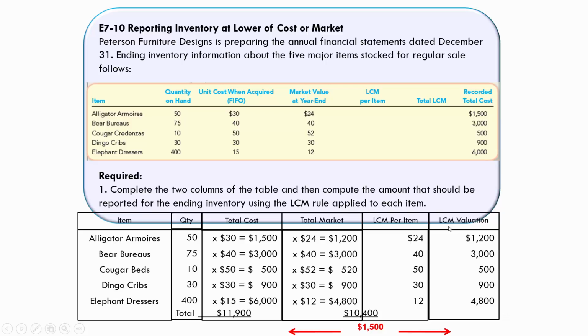Otherwise, our lower of cost or market valuation is the same as our total recorded cost, or our inventory value cost. The only ones that give us a problem are alligator armoires and elephant dressers. And the problem here is $300 here, and it's $1,200 here, because the difference between 6,000 and 4,800 is 1,200. So a total of $1,500 is our issue with this.